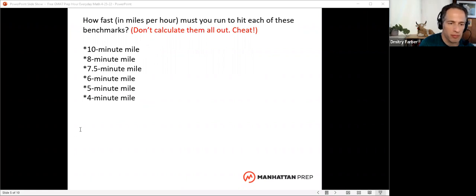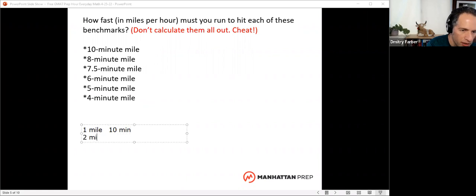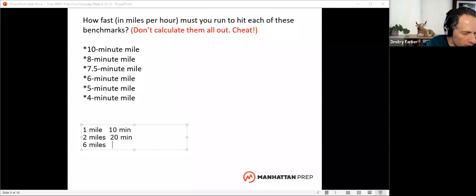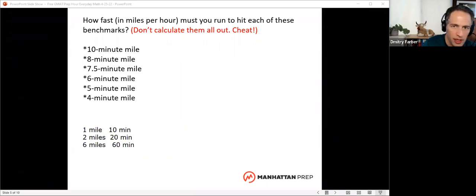I could simply make a sort of a table. I could say, hey, 10 minutes would be 1 mile, or maybe I'll write it the other way, 1 mile in 10 minutes. So that's 2 miles in 20 minutes. And at some point I can sort of see which way the wind's blowing and say, all right, so that means that's going to be 6 miles in 60 minutes. That's going to be then 6 miles per hour.